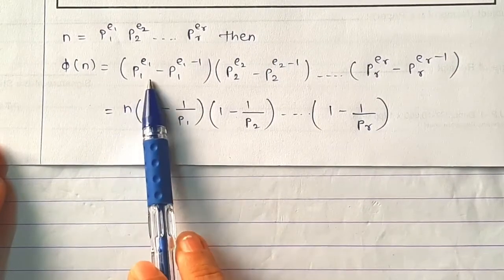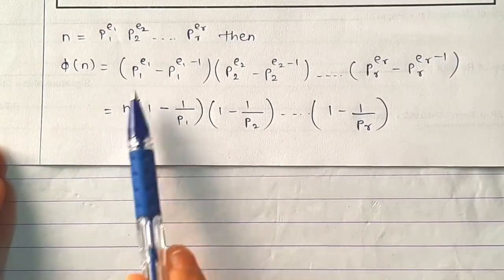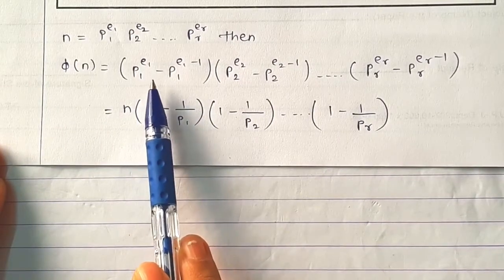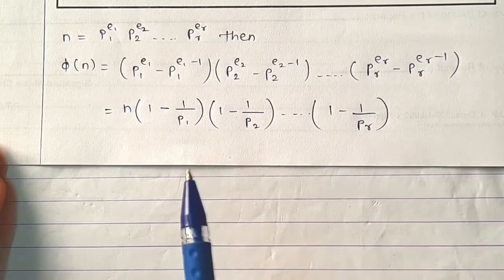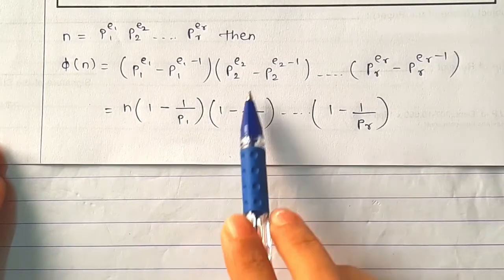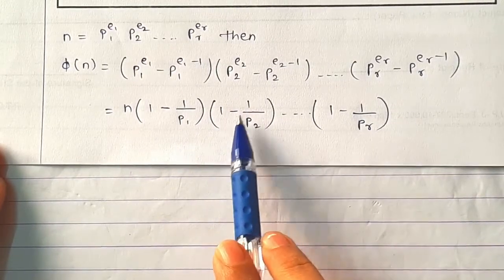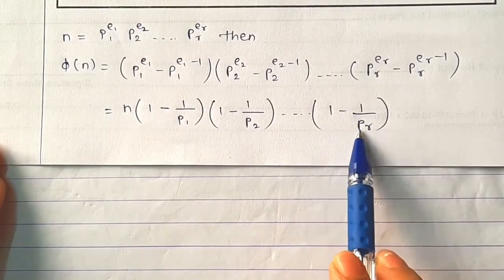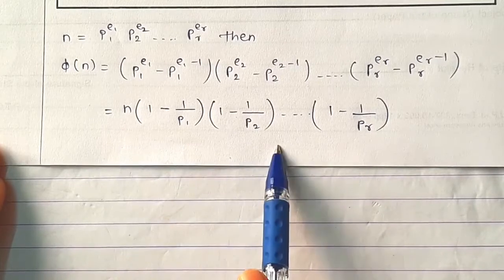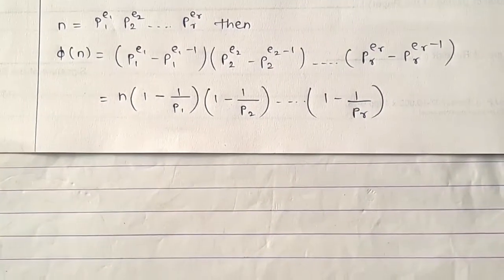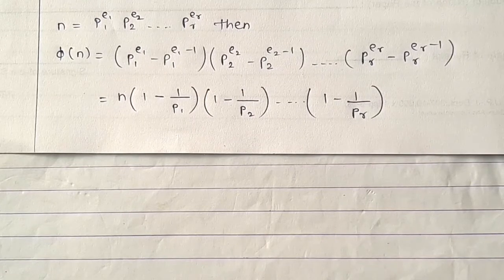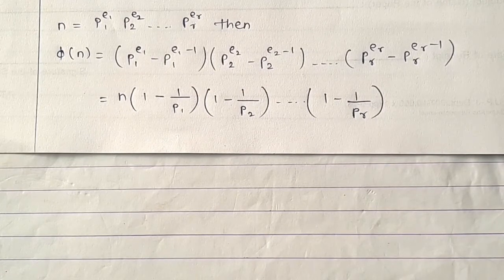And inside, the first bracket gives 1 minus 1 upon P1, similarly the next gives 1 minus 1 upon P2, similarly 1 minus 1 upon Pr. So this is what we get for phi n. Okay, now by using this result we will prove our next theorem.